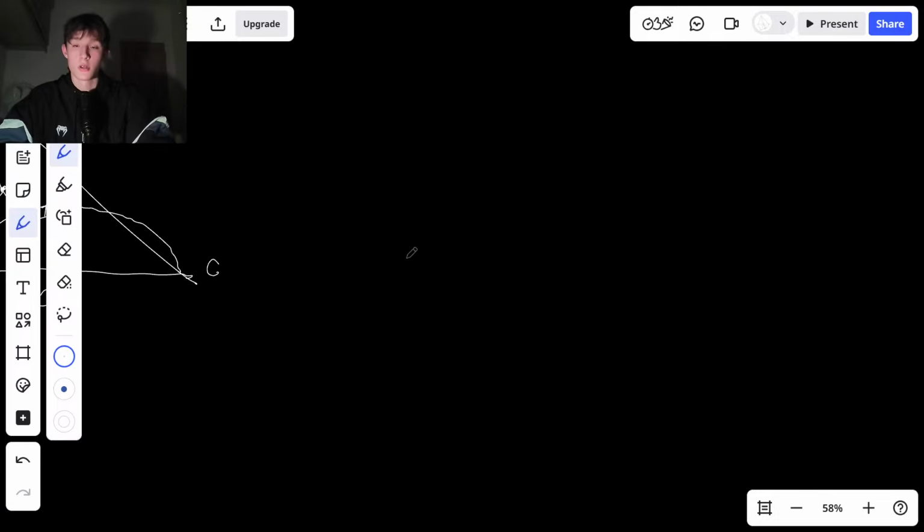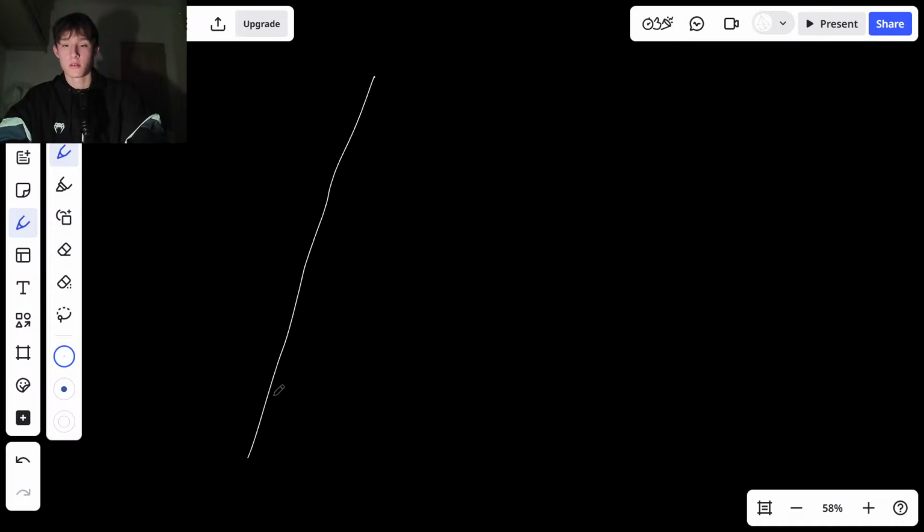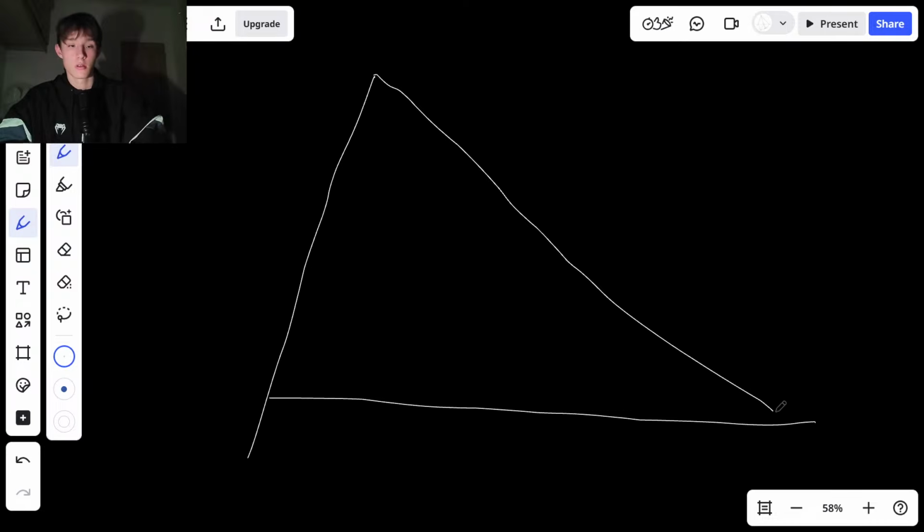Okay, let's redraw the diagram. So we have triangle ABC like this, we have the incenter I. Now let's draw this line here and here. That's the point D. And here we have the midpoint M of side AD.